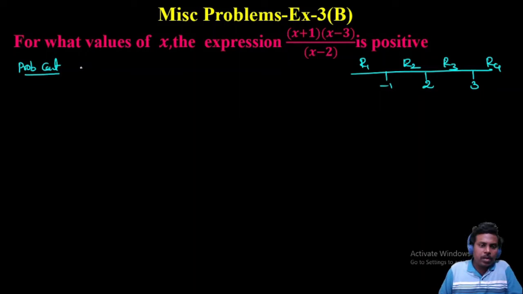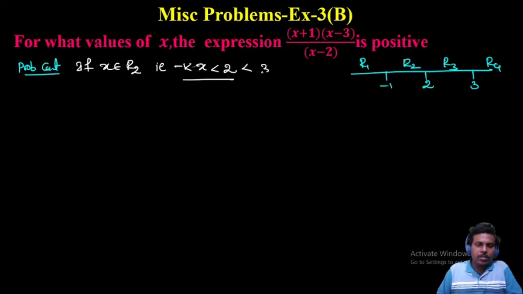Now, if x belongs to region 2, that is, x lies between -1 and 2, then this becomes less than 3 also.